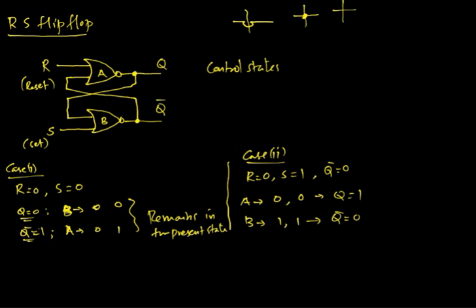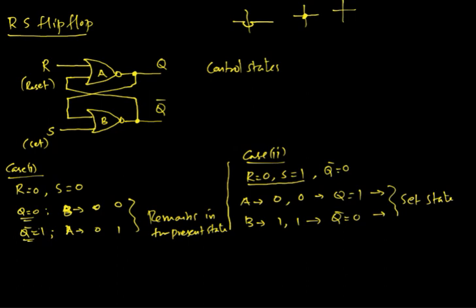So whatever may be the case, for R equal to 0 and S equal to 1, it changes Q to 1 and Q bar to 0. This state is called a set state.